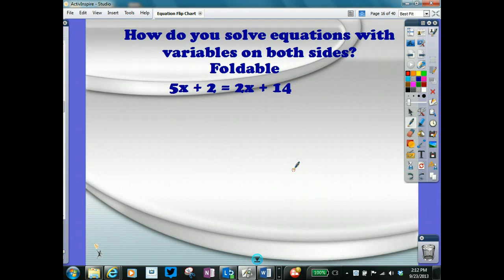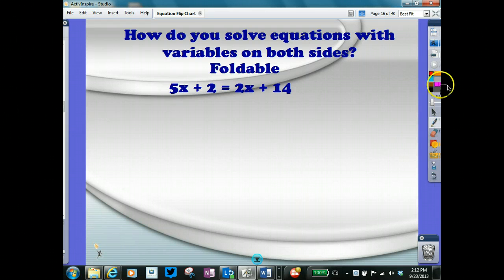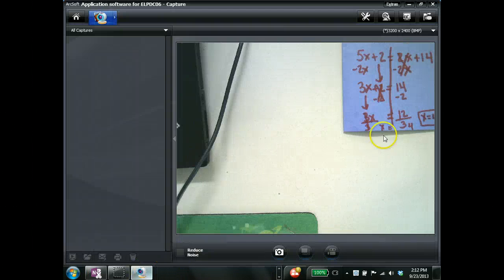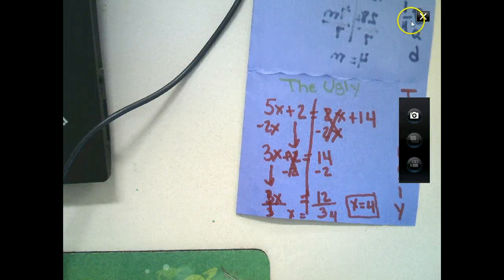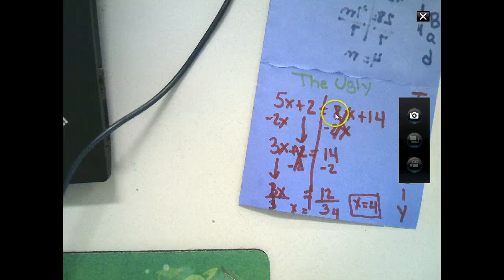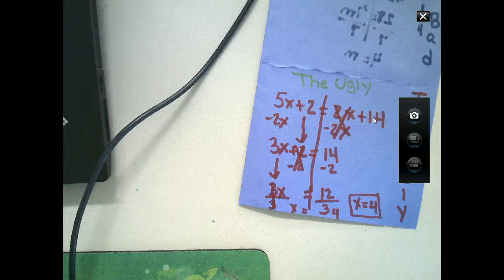Alright, as we look at this one, now when you see my foldable, it is already filled out from before, but let's look at it. You have 5x plus 2 equals 8x plus 14.